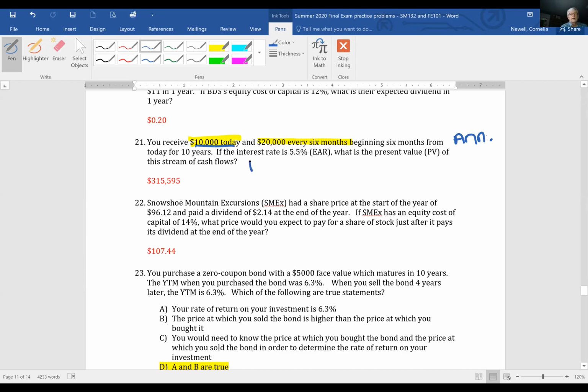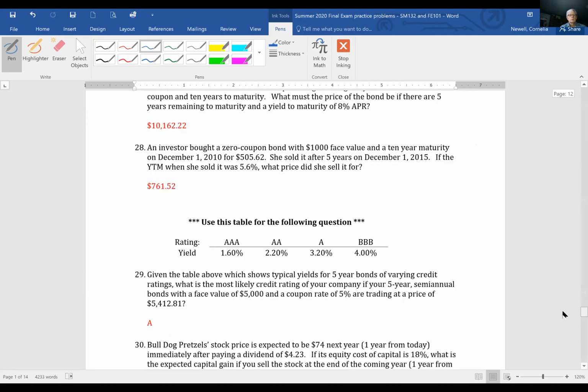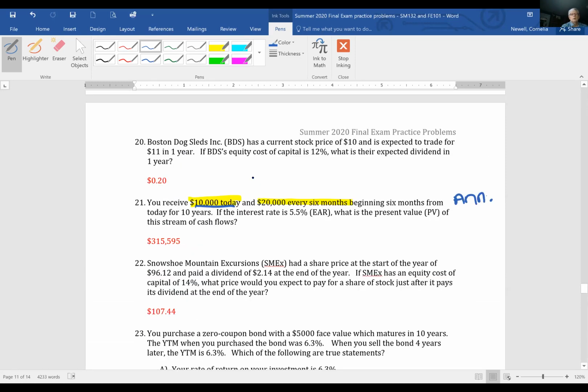So for the annuity, our payment is going to be 20,000. There are 2 payments per year. So for 10 years, N is going to be 20.